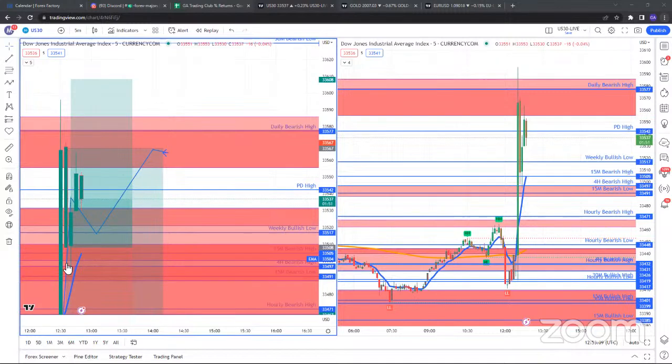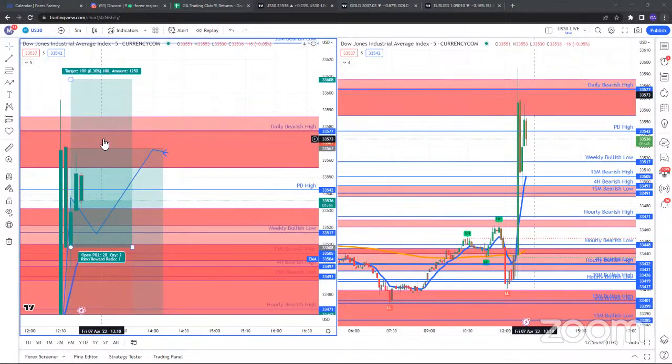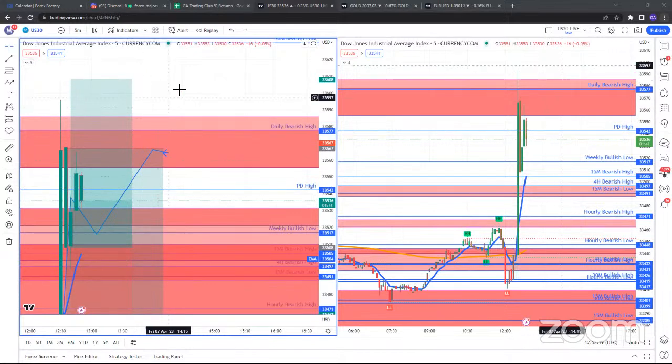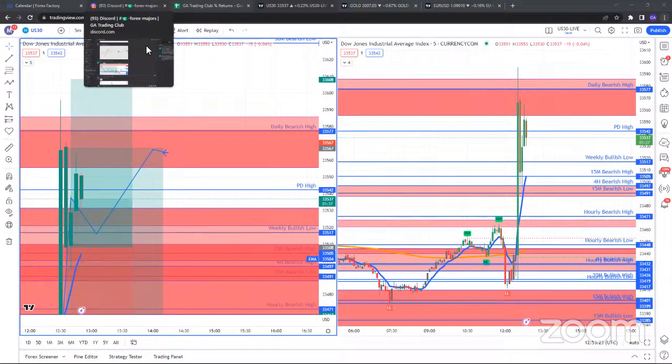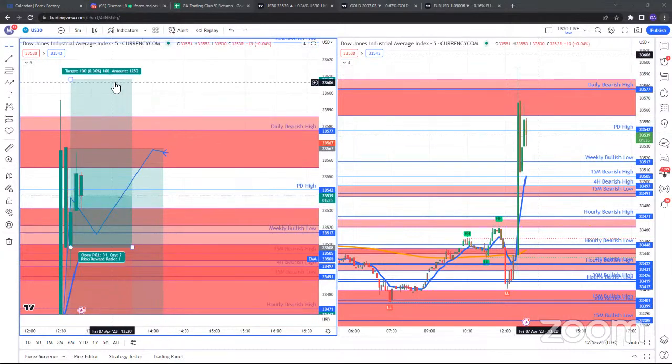But normally you have some structure created, some structure to the upside, a little bit of consolidation, and then you see signs of price retracing to pre-news levels. So if we do get a 5-minute sell on US 30, I will close this buy and then I will sell, because normally price retraces to pre-news levels either before New York open or sometime after New York open.